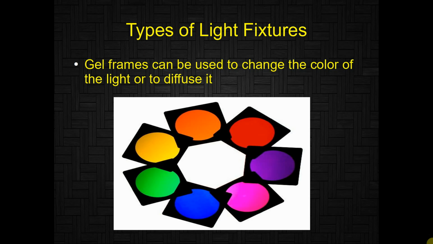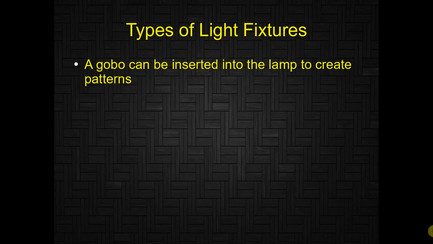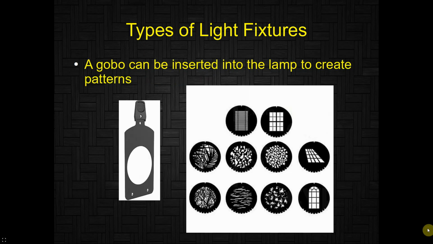Now also, we can insert what we call a gobo into a conventional, and these actually place patterns. So if you've ever paid attention when you're outside and it's a really sunny day and you walk under a tree, you can see shadows from the leaves on the ground. Well, we can artificially create those shadows on the stage using what we call gobos.